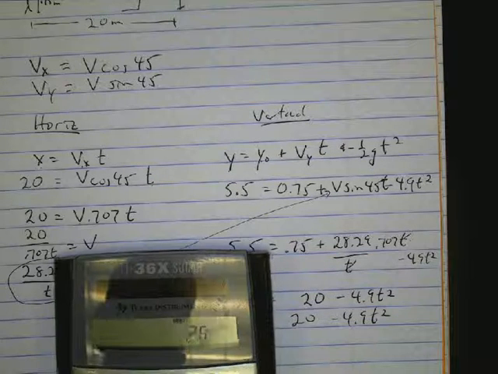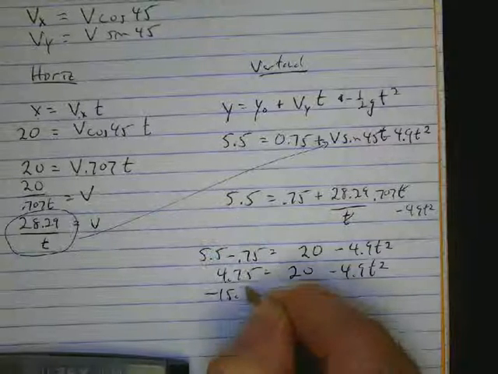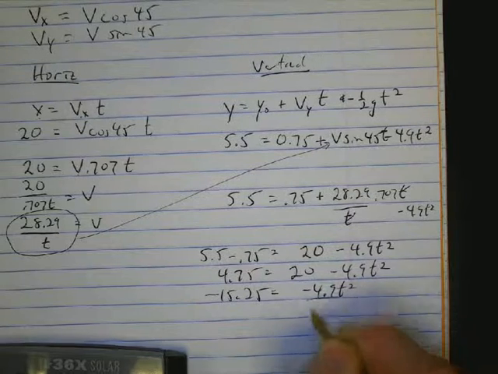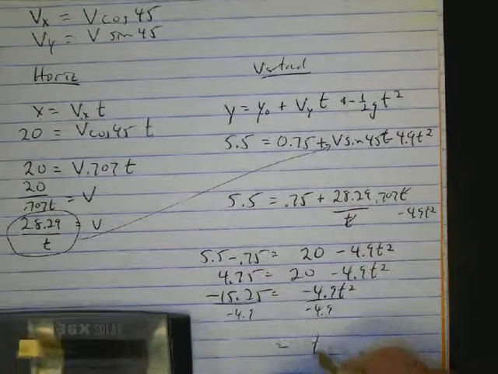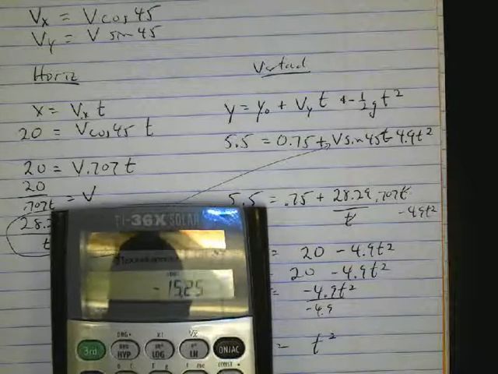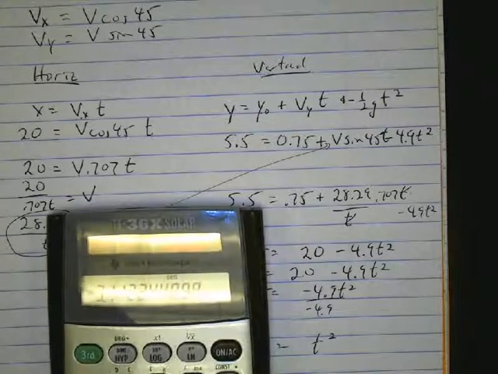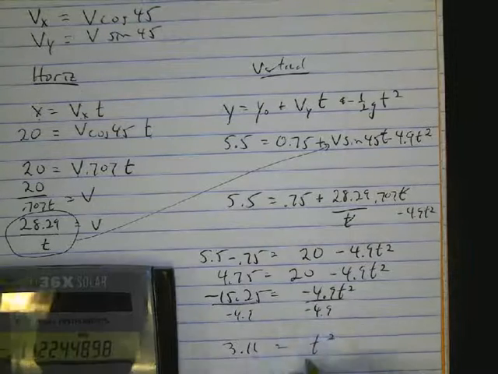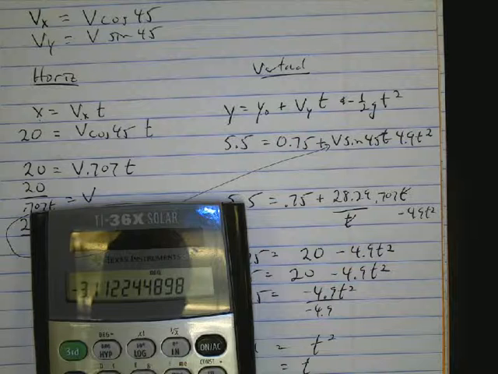Divide both sides by negative 4.9. I get t squared is equal to 3.11. Therefore, t is equal to 1.76 seconds.